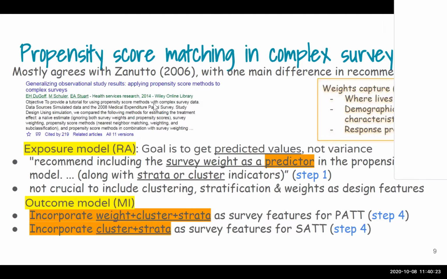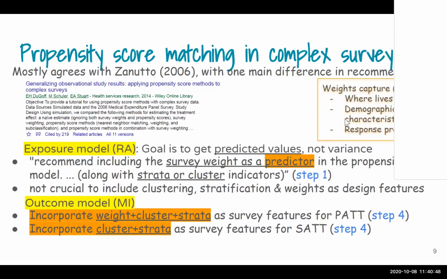But if you think hard, one of their arguments was that these can be considered as proxy variables and therefore should be utilized, because they give us information about geography, the probability of getting selected in the sample, and things like that. All right, so this was the exposure modeling.